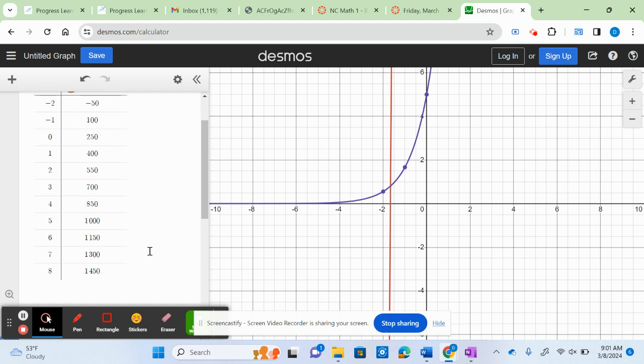Okay, so let's see, when x is 4, your exponential function is at 405, and what's your linear function at? Go back up, linear. When x is 4, it's at 800, so the linear is still bigger. So what about when x is 5? The linear is at 1,000. You're looking at these, when is this one bigger?